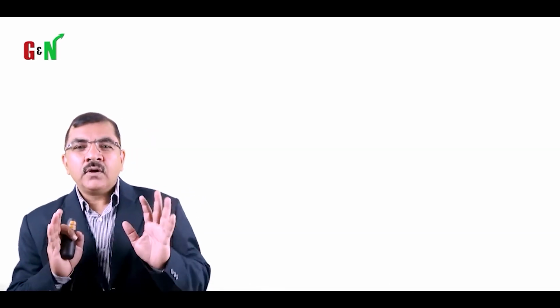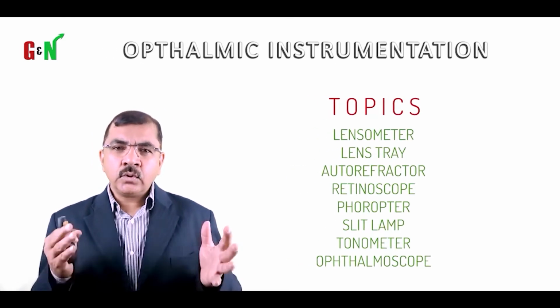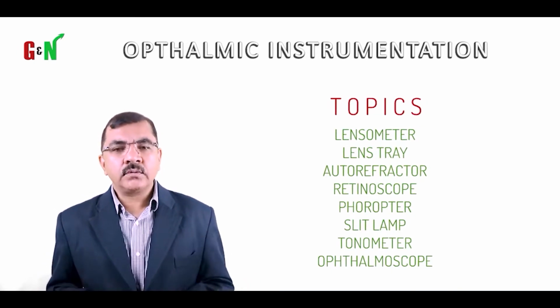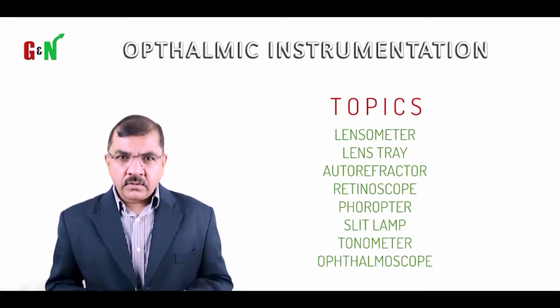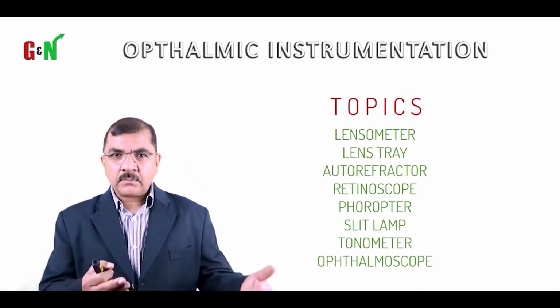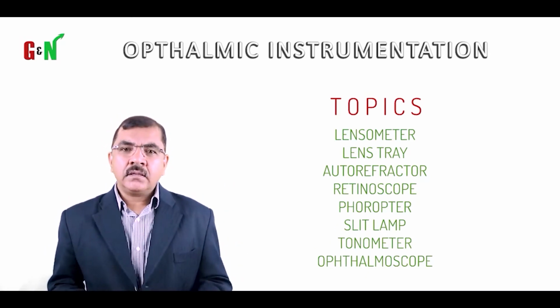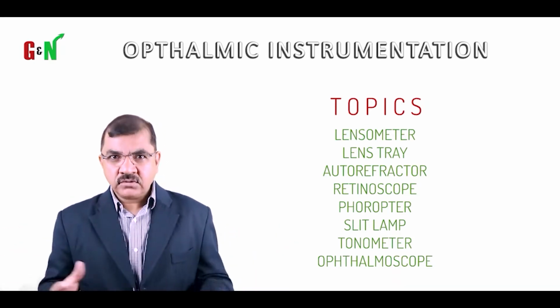Hello again. Okay, we are going to talk today about ophthalmic instrumentation. Instruments, basically. When you go into an optical clinic, what do you see? This is what we are going to talk about. You must have gone for an examination, or at least accompanied somebody, and you must have seen a nice chair unit.